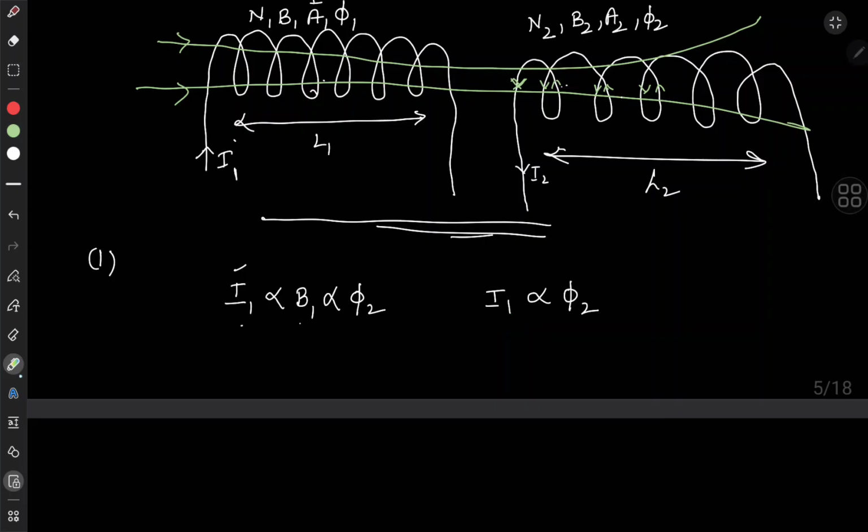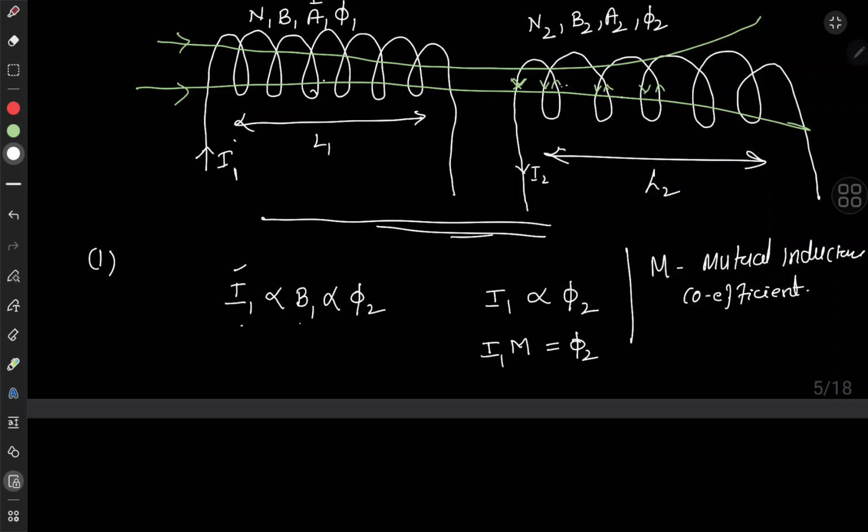Now to remove this proportionality we will include a constant, which is going to be M. So phi2 is equal to M times I1. This M is going to be called the mutual inductance, or the mutual inductance coefficient.